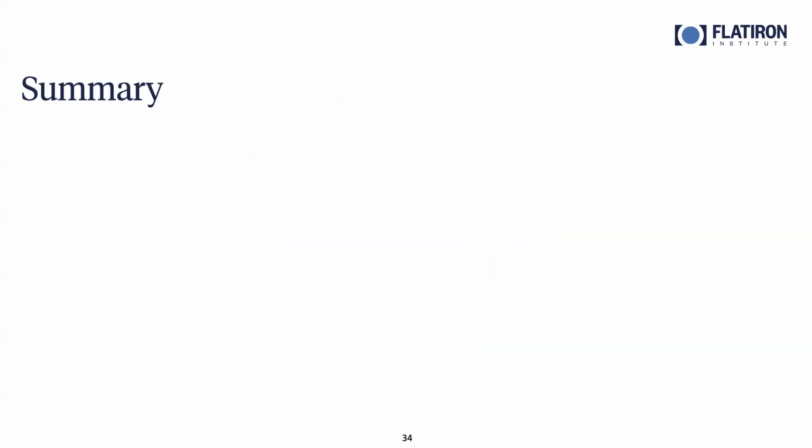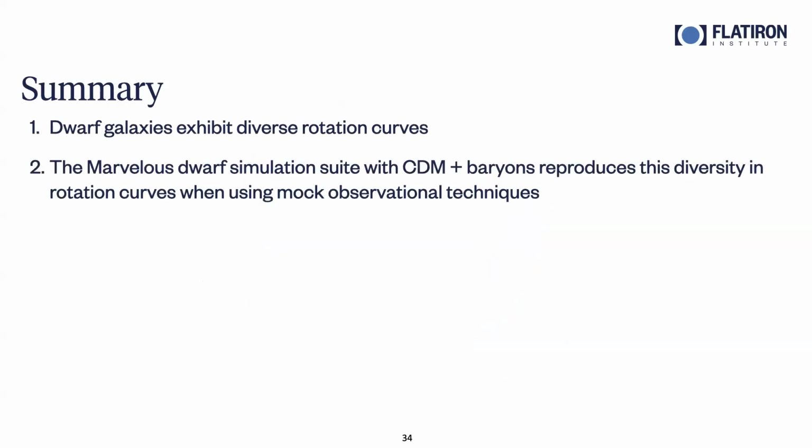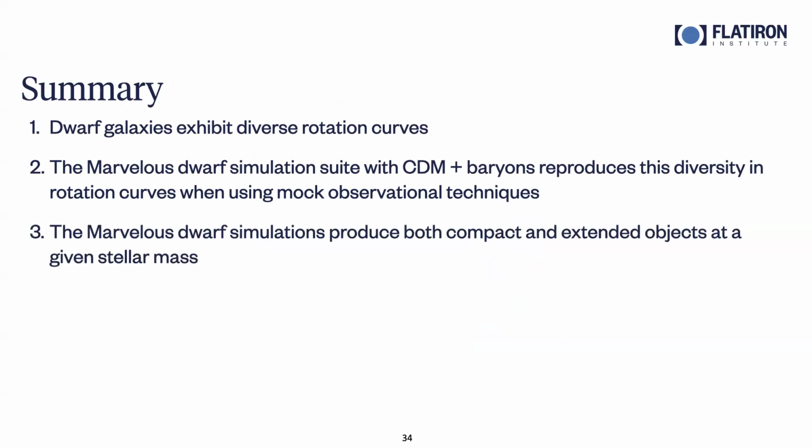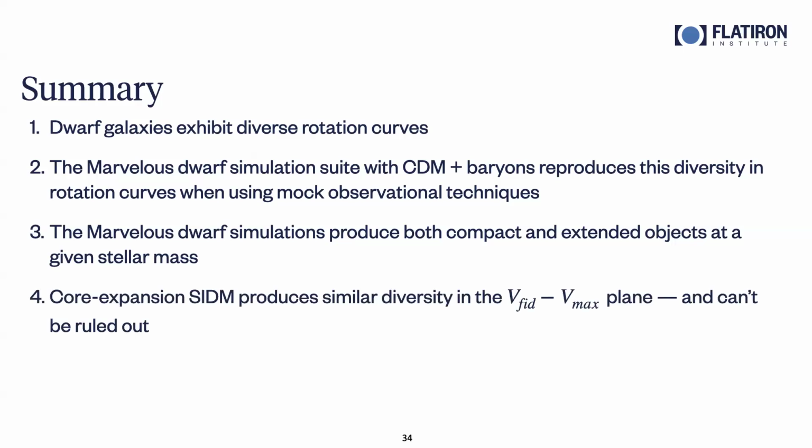Okay, so dwarf galaxies exhibit diverse rotation curves. In this new set of simulations with CDM and various models of self-interacting dark matter, in core expansion SIDM, these low cross sections, if I use these mock observational techniques, I can produce this diversity. I can also produce, for the first time, both compact and extended objects at a given stellar mass, which is important because we observe them.